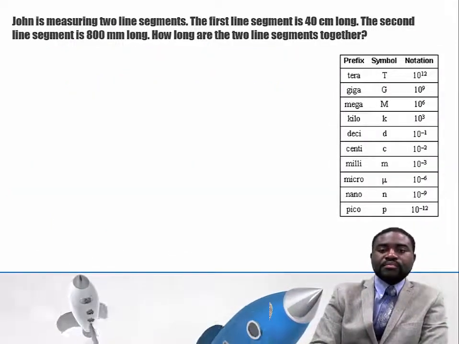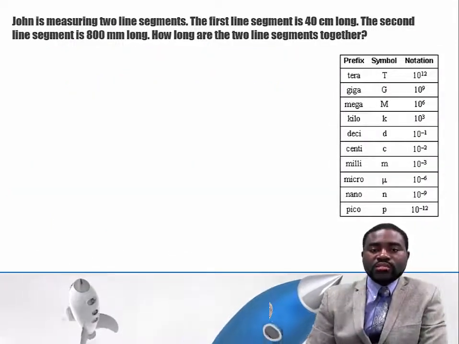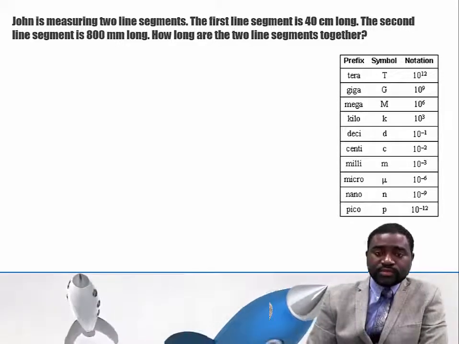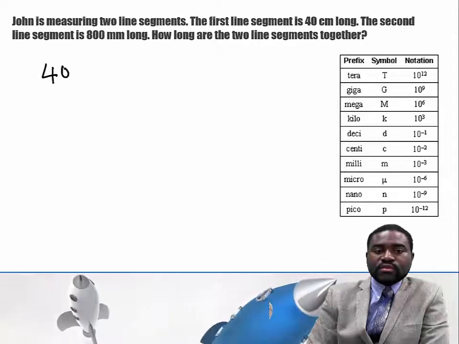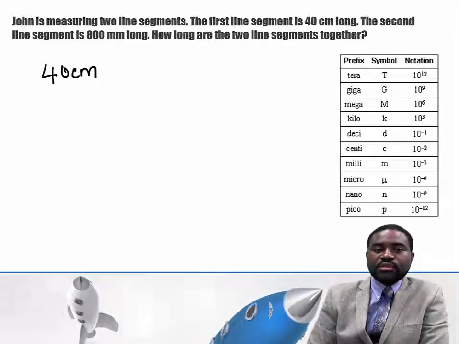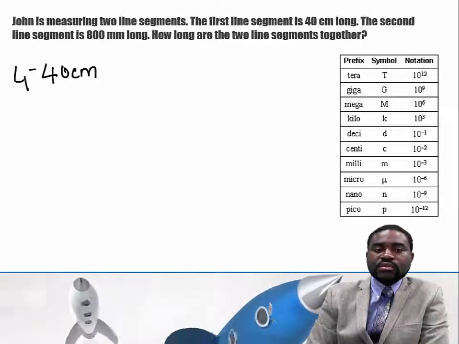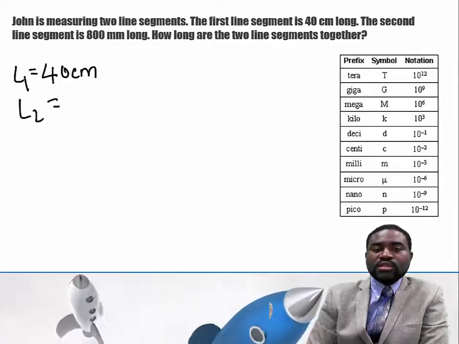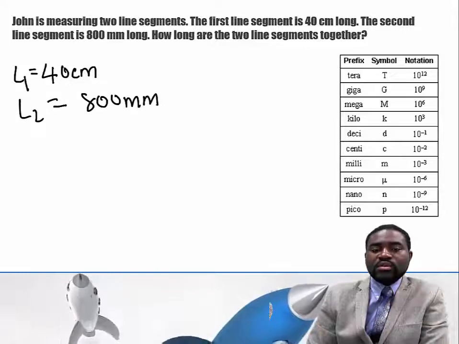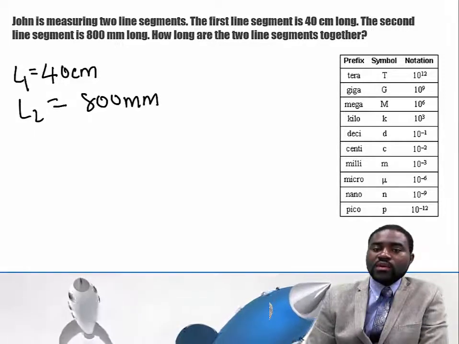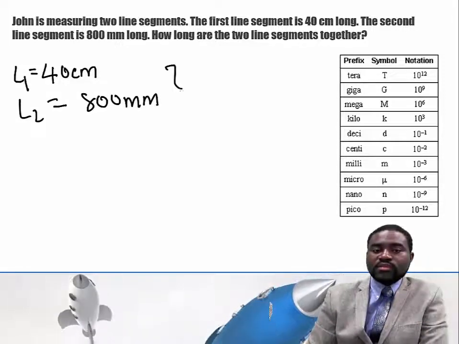Let's say John is measuring 2 line segments. The first line segment is 40 centimeters, and the second line segment is 800 millimeters. And how long are these 2 line segments together?